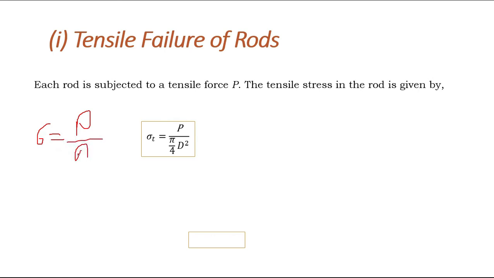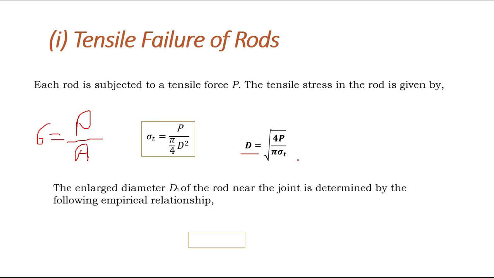And what is the area? The area which is resisting the deformation. As it is a circular rod, the area is pi by 4 d square. So the tensile stress sigma T is equal to load upon area, and if you rearrange this, you will get the diameter of the rod d equal to under root 4P divided by pi sigma T.